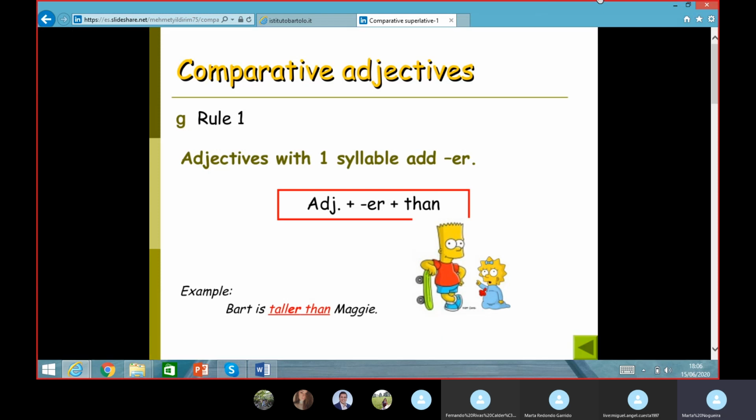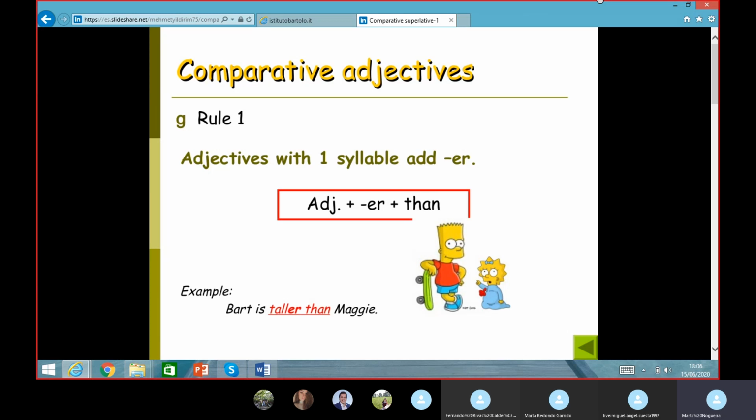Bart es más alto. Ese más ya va en el taller, in this ER. And than, we're comparing, than Maggie. If I have a personal pronoun, I would put the object pronoun. I would say Bart is taller than her, or than him, or than them.